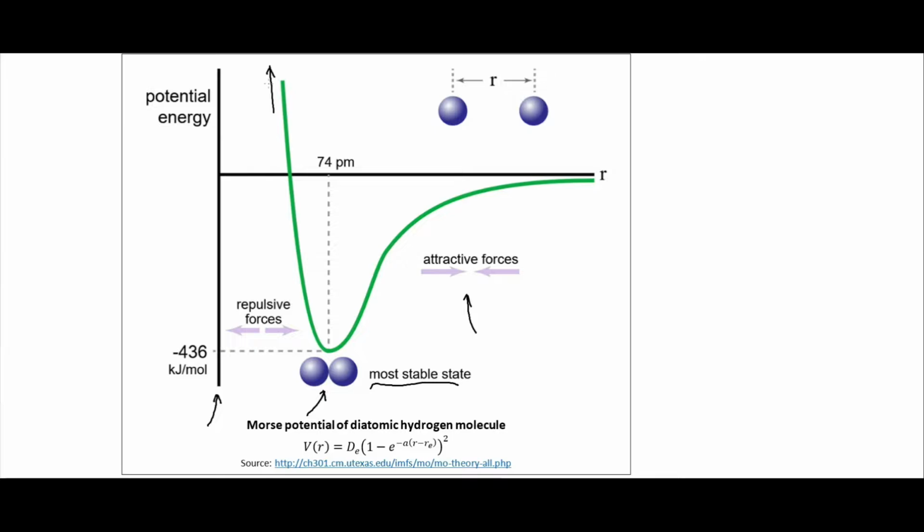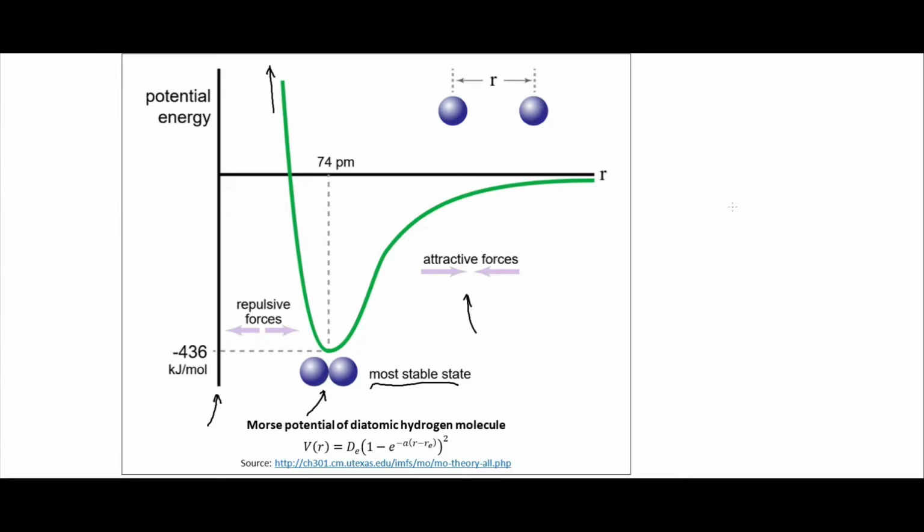This Morse potential is obviously an approximation, because we know, for instance, that if two nuclei come close enough together, they will actually attract each other through the strong nuclear force.